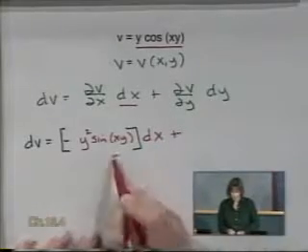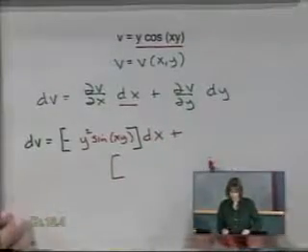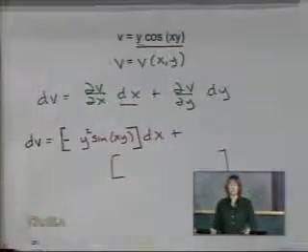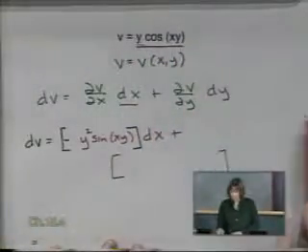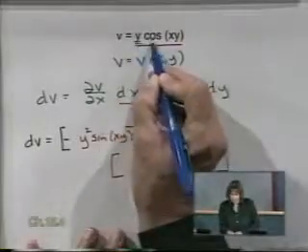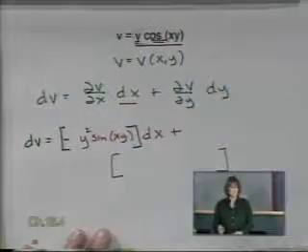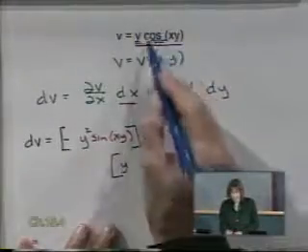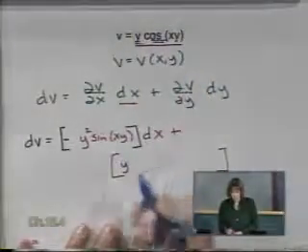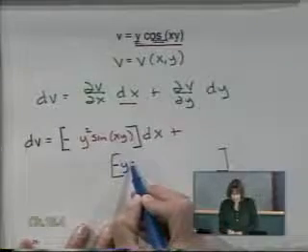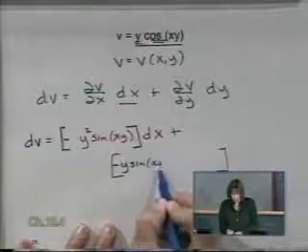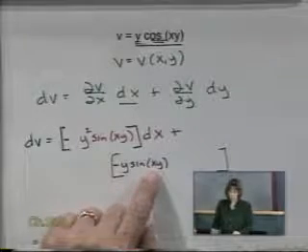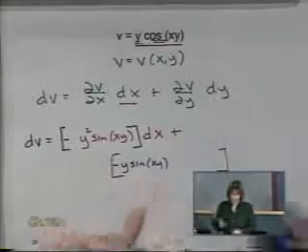Plus, now you guys help me here. I'm differentiating this with respect to y. So when I differentiate this with respect to y, I think I have two parts. It's like a u times a v. So we got to take the first, which is y, times the derivative of the second. The derivative of cosine is minus sine of what's inside times the derivative of xy with respect to y, which is x.